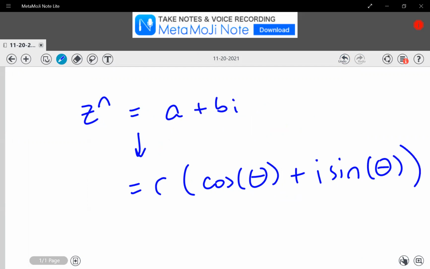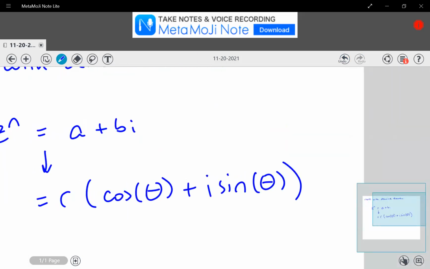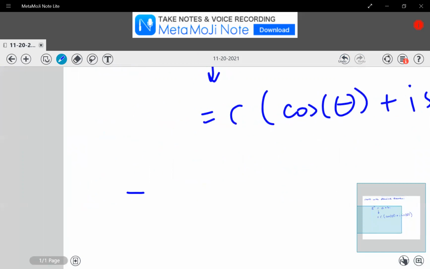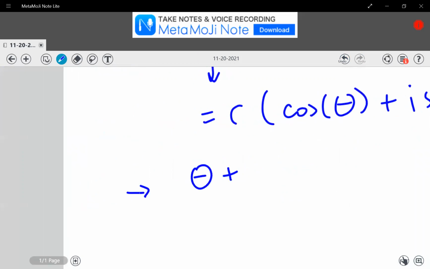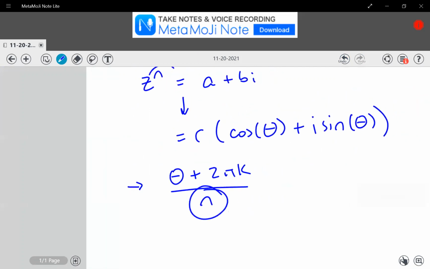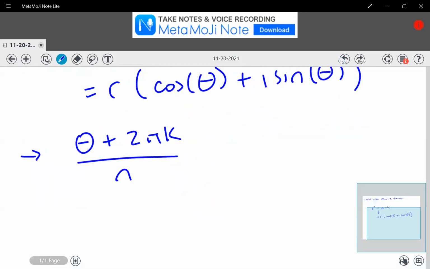of theta. Now afterwards, we want to use this equation, which is theta plus 2 pi k over n. And n here is just our exponent. So essentially what we're doing is we're saying, okay, well, what angles of theta do we get our exponent at?